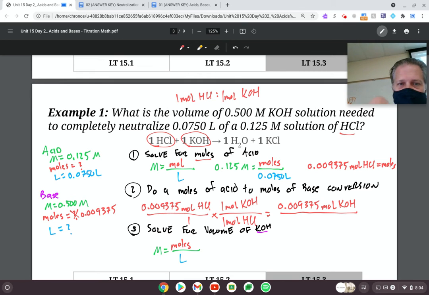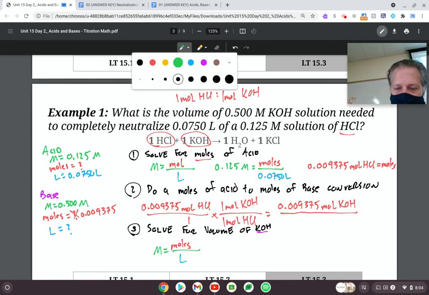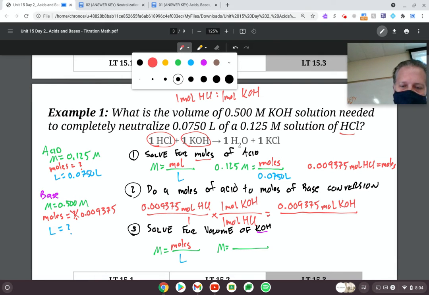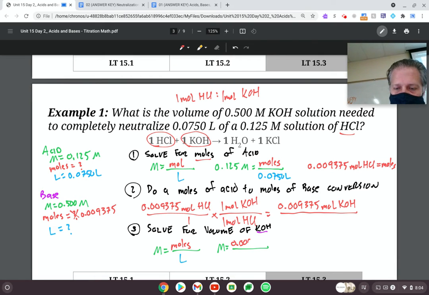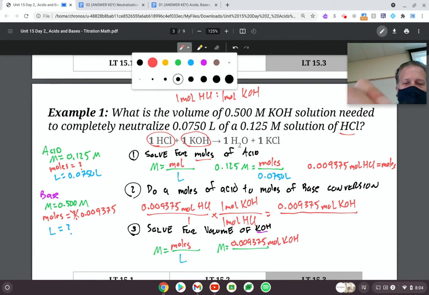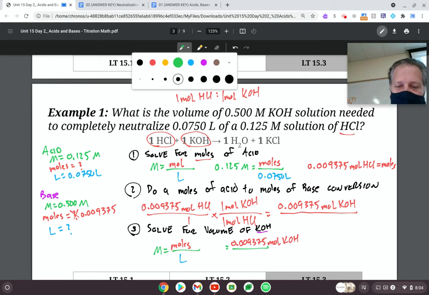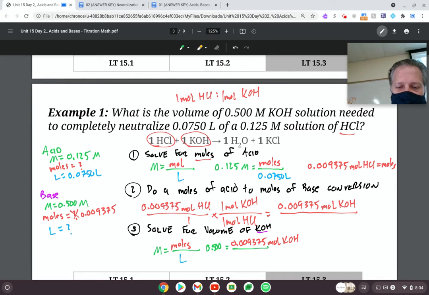So that's going to do this. It's moles of KOH. And we know the concentration already, it's 0.500 molar. And we were solving for liters here.